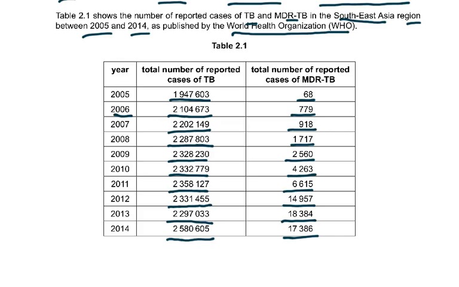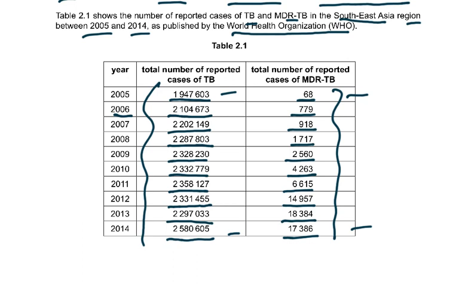Let's go back to the table. Now what were the differences? The rate of increase in MDR-TB is greater than the rate of increase of normal TB. This was 68 and now it is 17,000. For TB, this was 1947603 and now it's 2580.